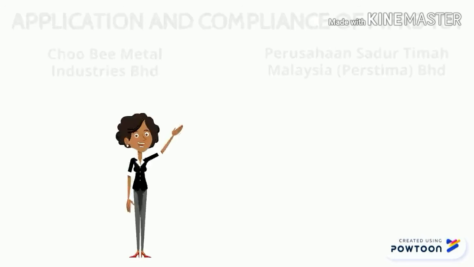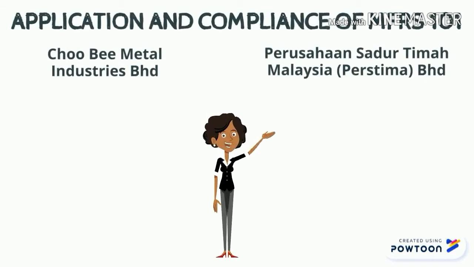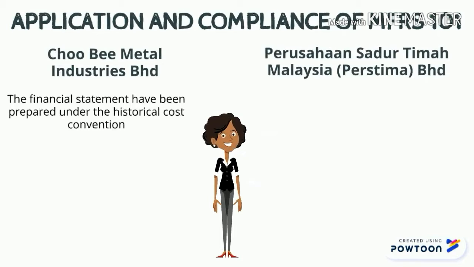The companies that we have chosen for the purpose of application and compliance of MFRS 101 are Cubi Metals Industries Berhad and Perusahaan Sadu Timah Malaysia Perstima Berhad. As for Cubi Metal Industries Berhad, the financial statement have been prepared under the historical cost convention.